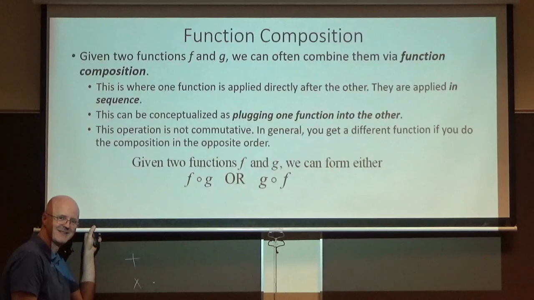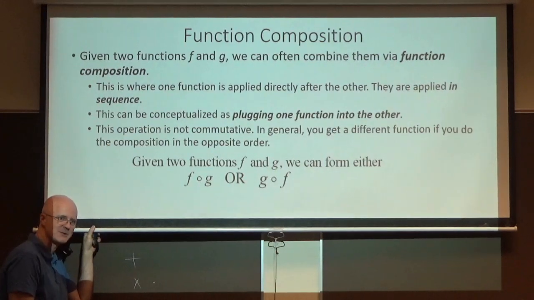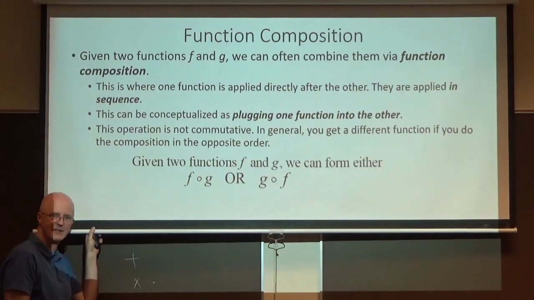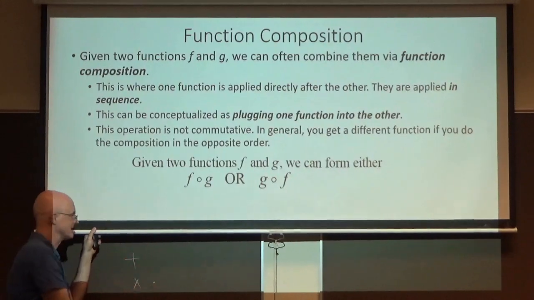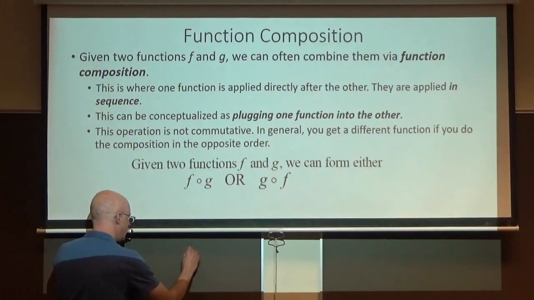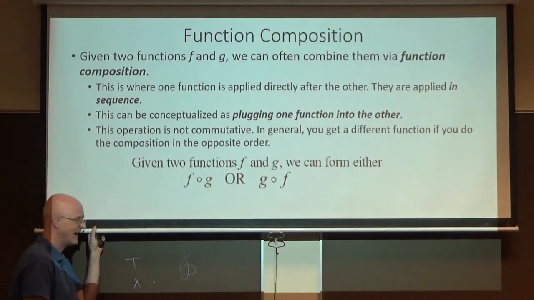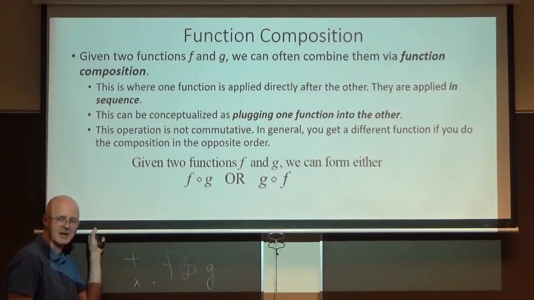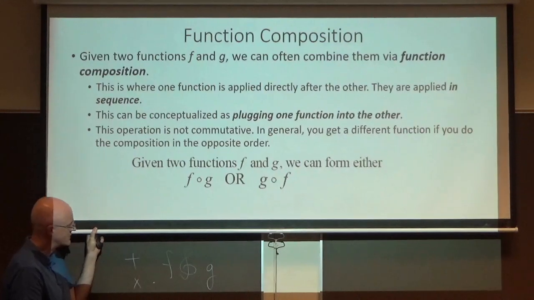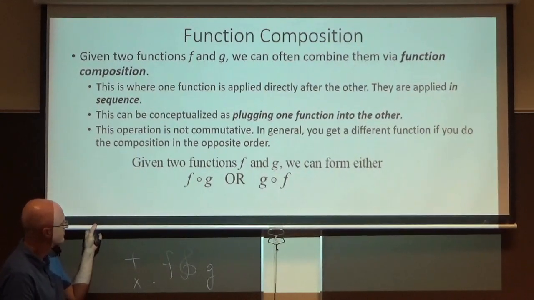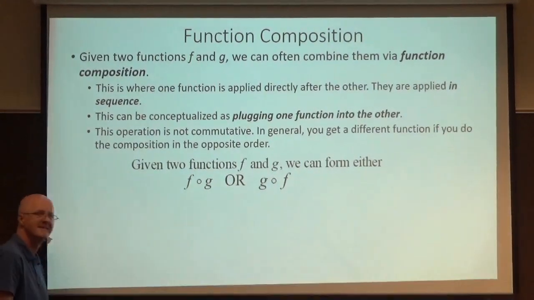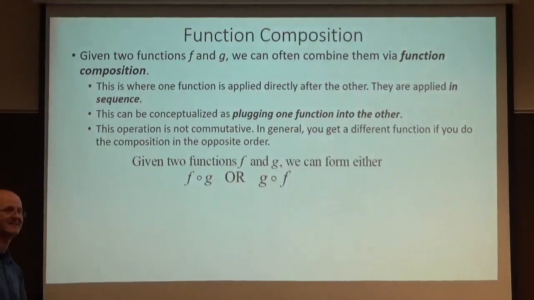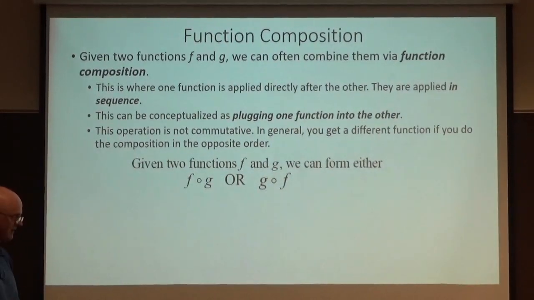It's just a symbol that represents something. It's not literally meant to be a circle. Something else could have been used. Something fancy, like a treble clef. F treble clef G could have been the way we represent function composition, but it's a lot harder to make a treble clef, even though it's prettier. Okay, it's just a symbol representing the operation.